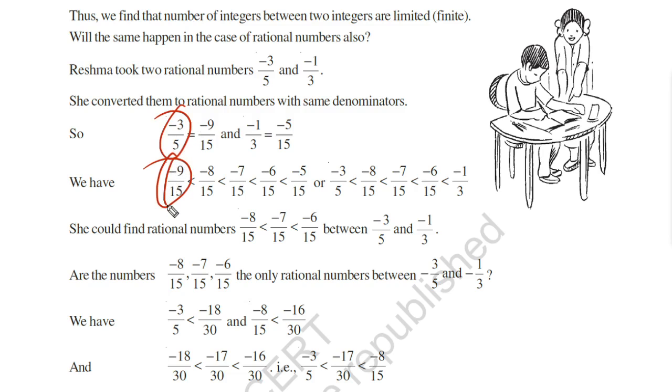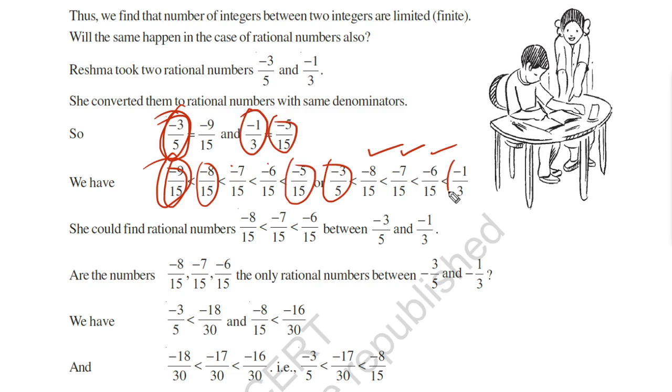So instead of minus 9 by 15, we will write minus 3 by 5, and the rest are the same: minus 8 by 15, minus 7 by 15, minus 6 by 15, and minus 5 by 15, which is equal to minus 1 by 3. So this is the way we can compare the rational numbers.